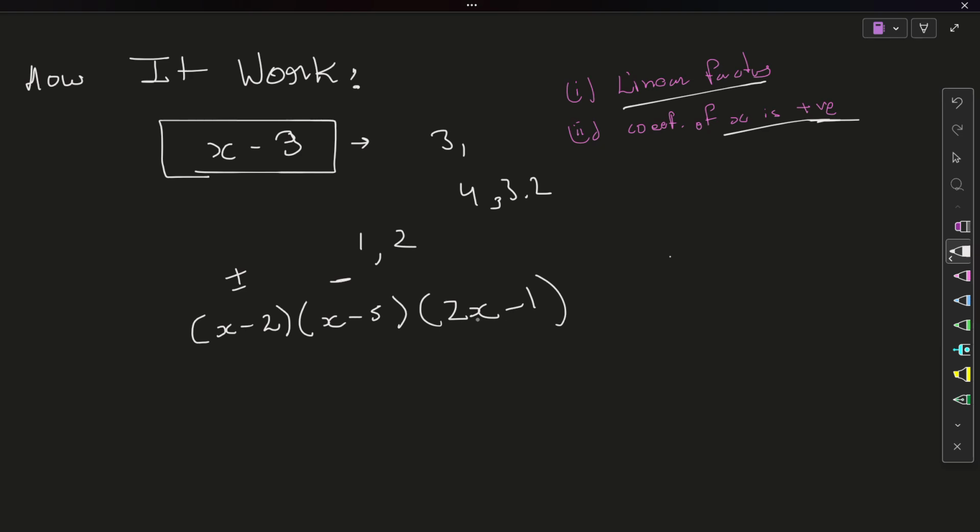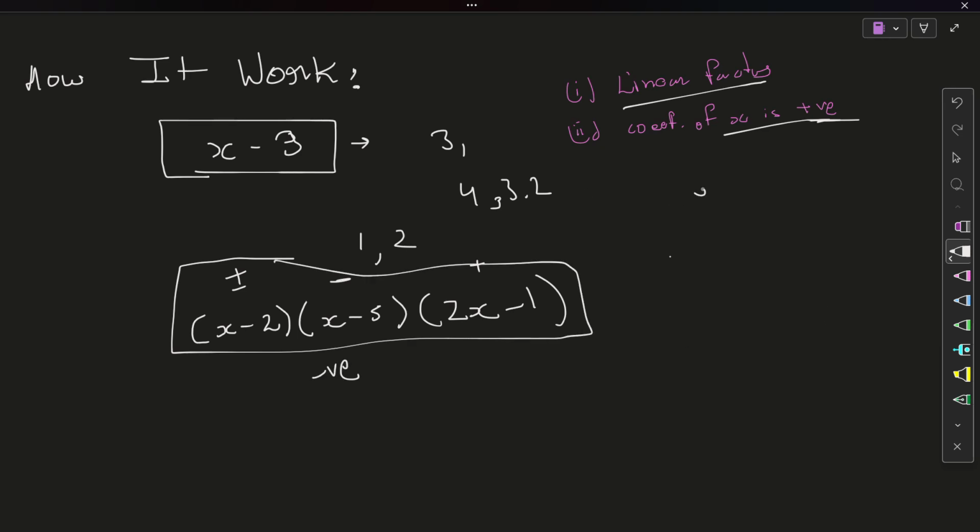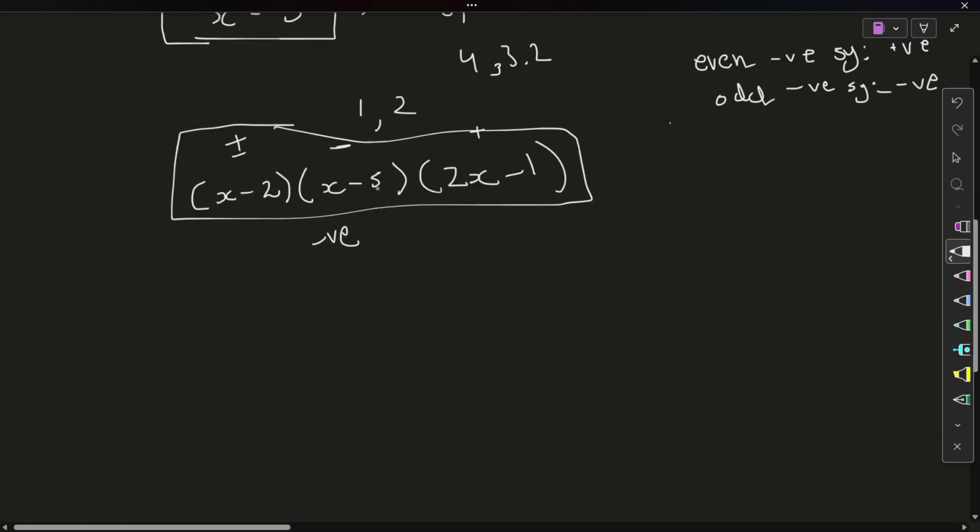If you put 3 here, this term is going to be positive again. So this whole expression is going to be negative, because we know the simple rule that if there is an even number of negative signs, then the whole expression is positive, and for an odd number of negative signs, the whole expression is negative. So this is the principle on which the Wavy Curve method works.